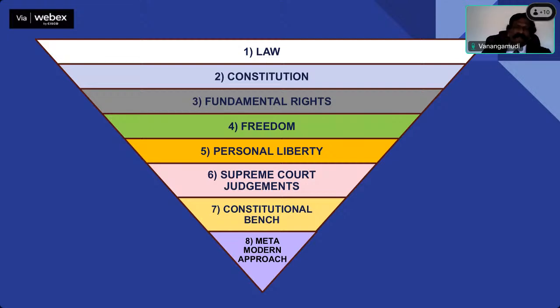Suppose it is not coming; does it mean that there is no meta-modern approach? No. The moment the Supreme Court says the judicial process shall be on the basis of virtual meeting or video conference, and filing is on the basis of online filing, when everything is digitized, when we are going online and using the internet, it is meta-modern.